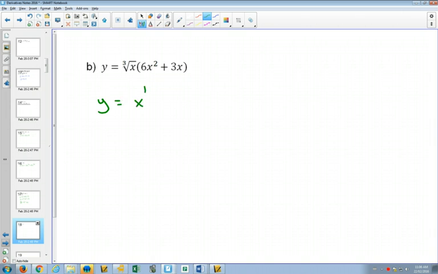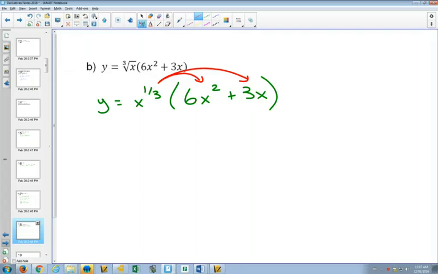First of all, I'm going to change my cube root to an x to the 1/3. Right now we're multiplying, right? An x to the 1/3 multiplied by the 6x squared plus 3x. So it's not in a form that we can use one of our shortcuts. But if we distribute this x to the 1/3 through, then maybe it will be in something that is the right form.